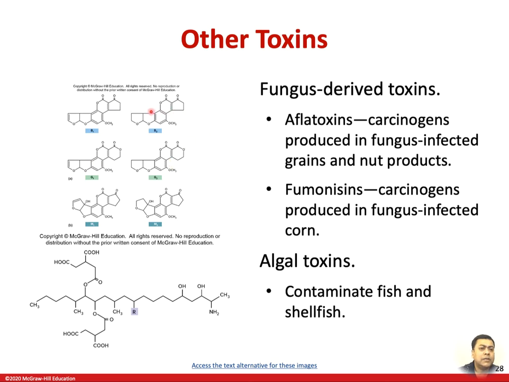If you extract these particular aflatoxins, separate them by chromatography, and purify them, and then shine ultraviolet light on them, B1 and B2 will fluoresce blue, whereas G1 and G2 will produce a green color.